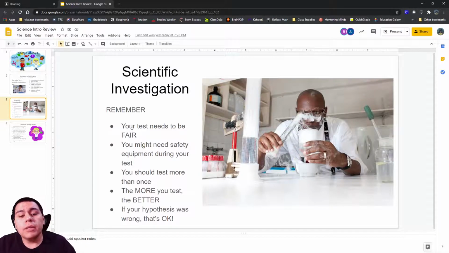So here are really important things to remember when we're talking about scientific investigations. Okay? So, number one, whatever test you're doing, it has to be a fair test. So you can't start your test, let's take the apple one, for example, trying to figure out which apples are usually heavier.